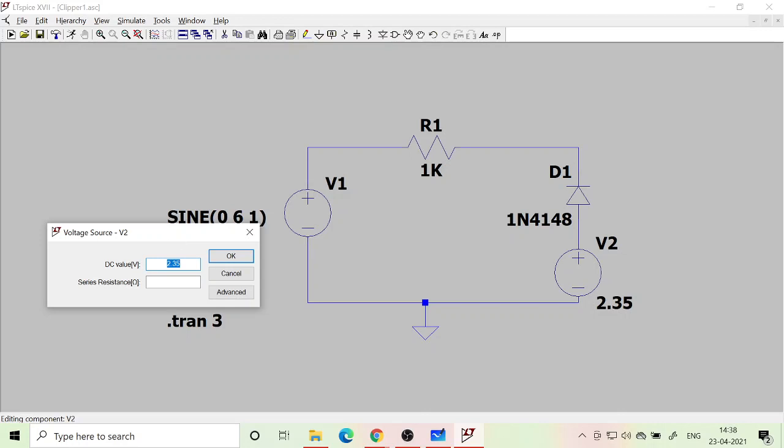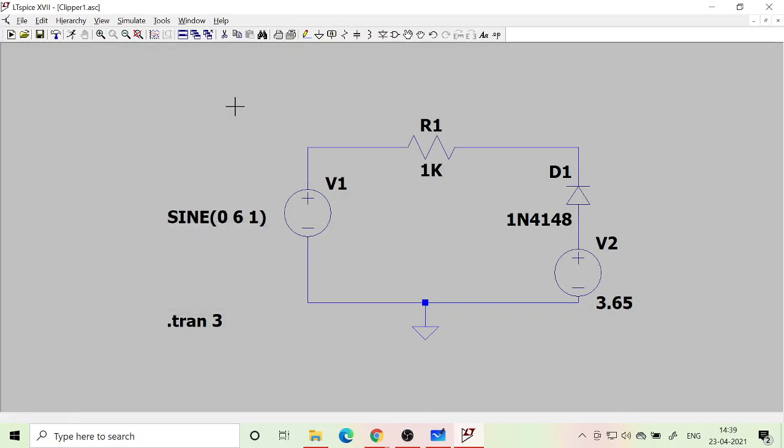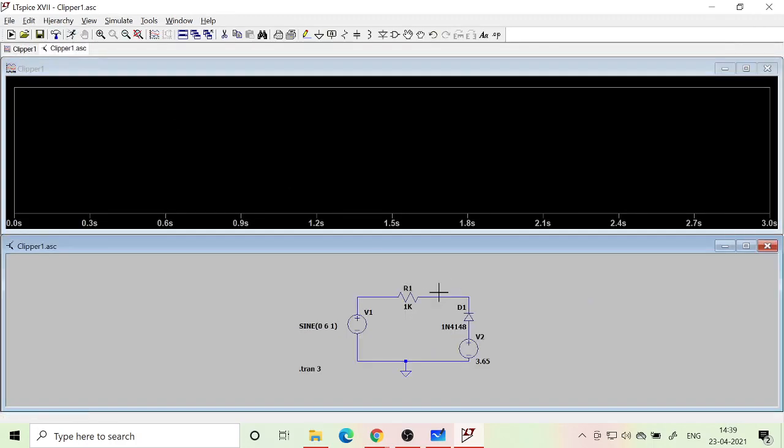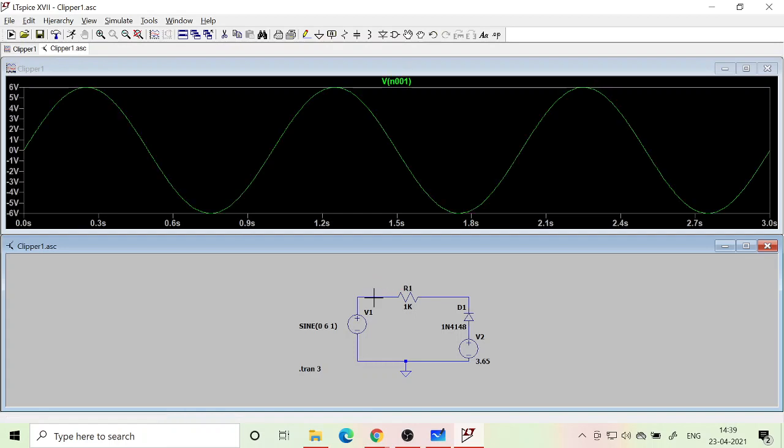So if I give 3.65, yes, when it becomes 3 volt, so now it should work. So let's see this. Yes, perfect. At exactly 3 volt we have it.